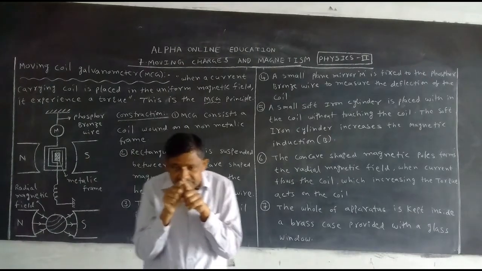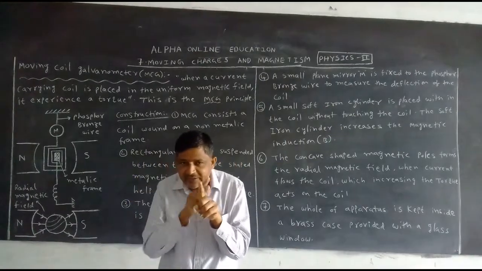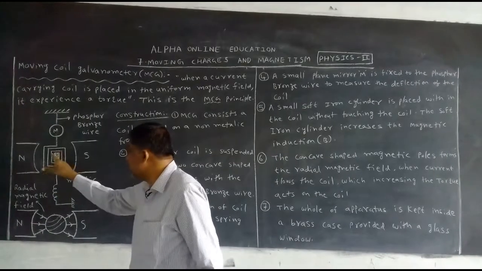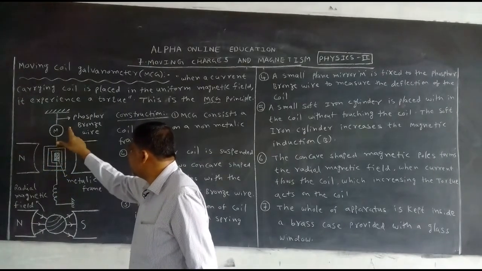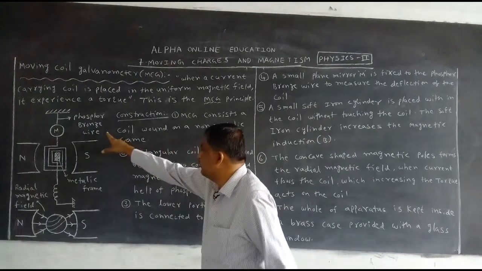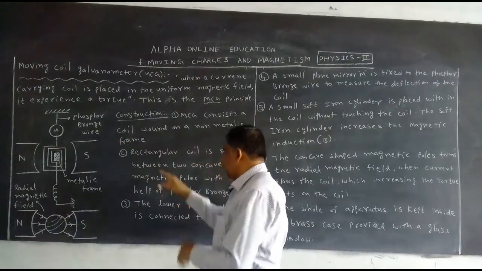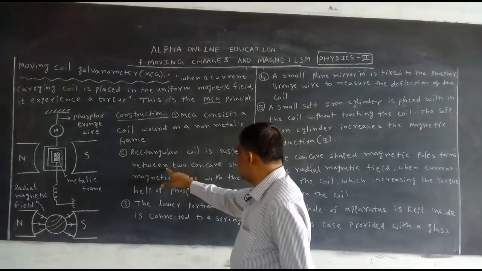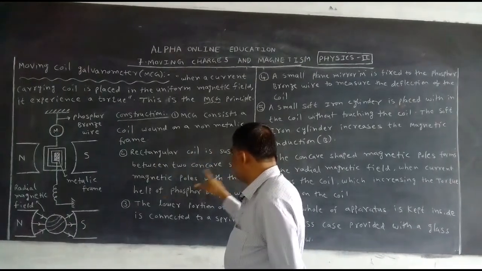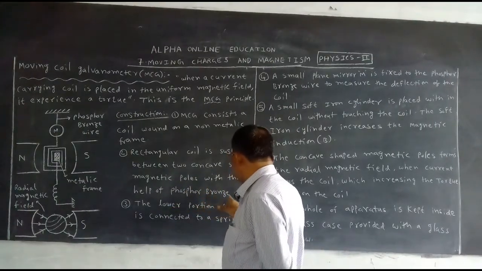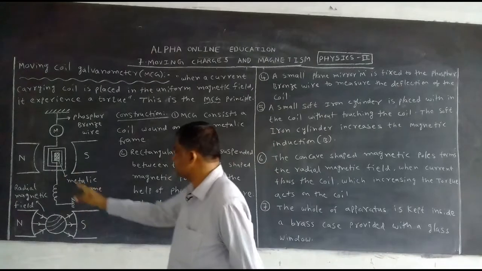Then we take a wire around it, but this wire is a phosphor bronze wire. The rectangular coil is suspended between 2 concave shaped magnetic poles with the help of phosphor bronze wire.